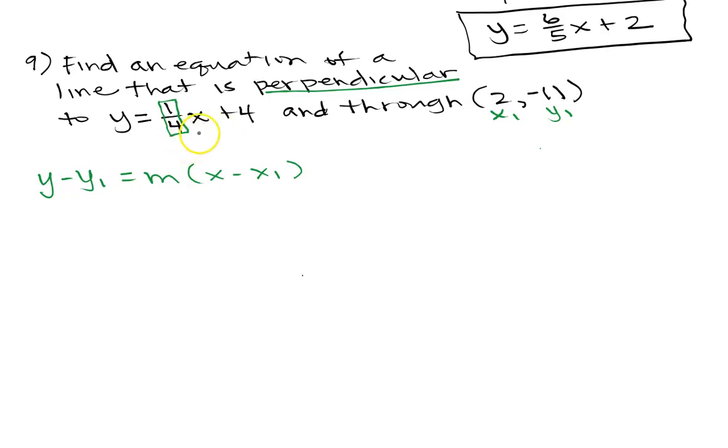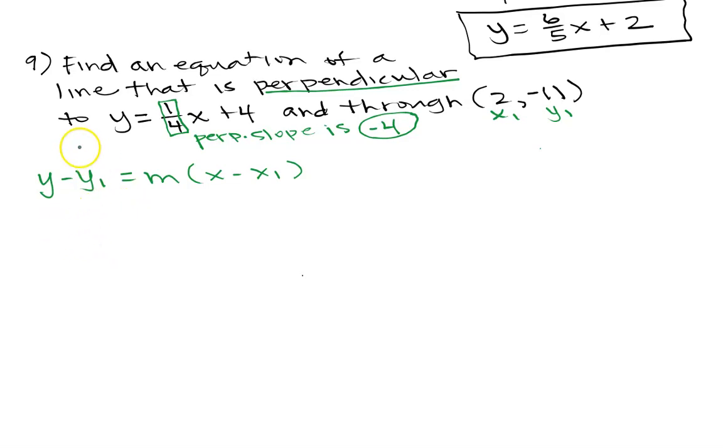So I've got to do both, right? So the perpendicular slope would be what? -4. Yeah, -4, right? Because I flip it, get 4/1, and then change the sign to the negative. Okay, so this is what I want to use this time. So slope is -4, and there's my point.